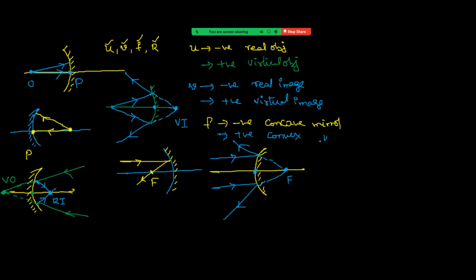So I hope you got clarity regarding the sign convention. For a real object, U is negative; for a virtual object, U is positive; for a real image, V is negative; for a virtual image, V is positive. F is negative for a concave mirror, F is positive for a convex mirror, right?